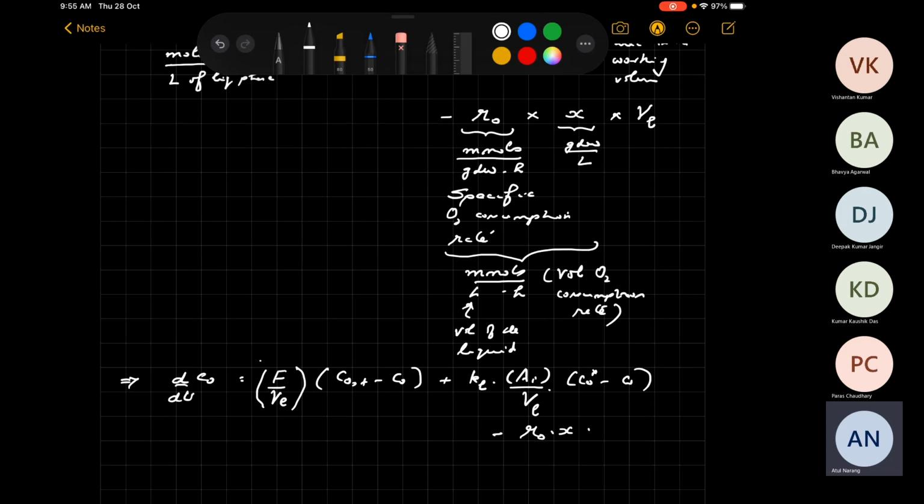So this term is describing the oxygen that is entering with the liquid stream. This term is describing the oxygen that is being transferred from the bubbles into the liquid. And notice that now you're getting an AI over VL, which is the interfacial area per unit volume.